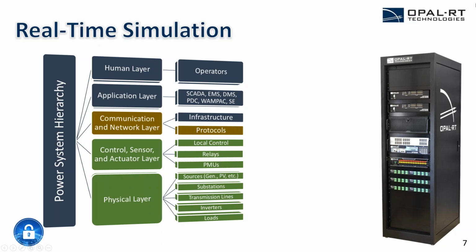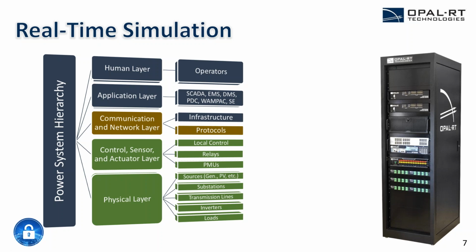And if we look at a power system, we can come up with a layer analogy. So we can look at a physical layer, which is the actual generation systems, the lines, substations, inverters, loads. Above it, we have a lower level control layer that also has sensors and actuators.